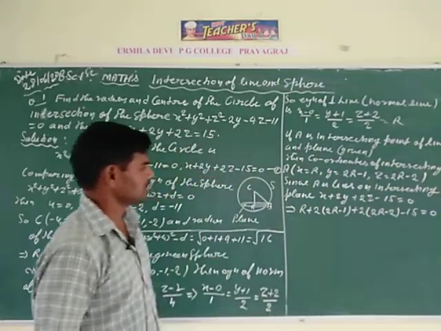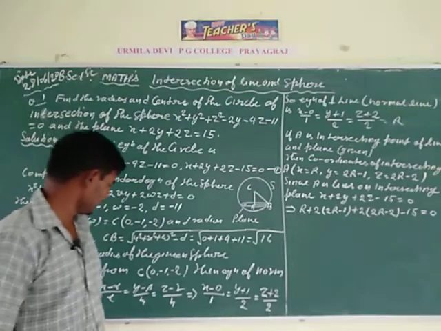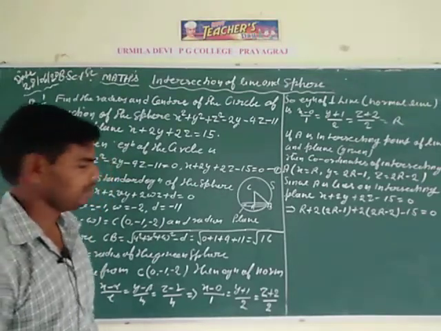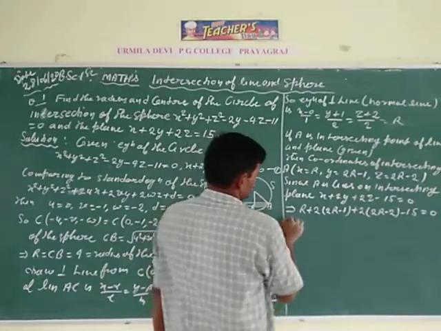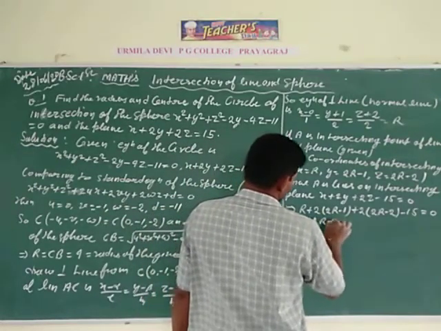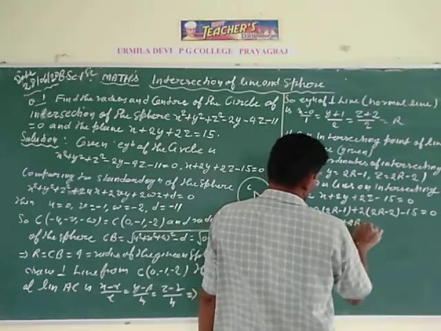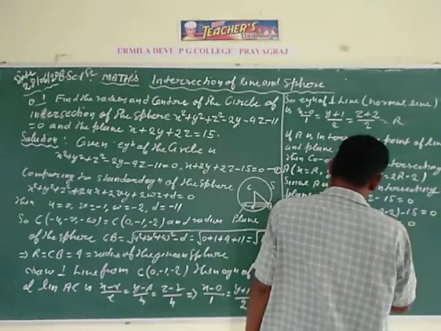After simplification of this equation, you can calculate the value of capital R and the coordinates of capital A, meaning the intersecting point capital A. So r plus 4r minus 2 plus 4r minus 4 minus 15 is equal to 0.